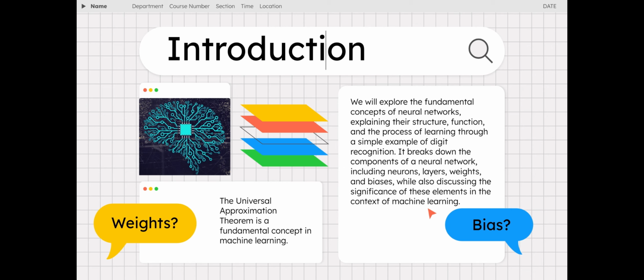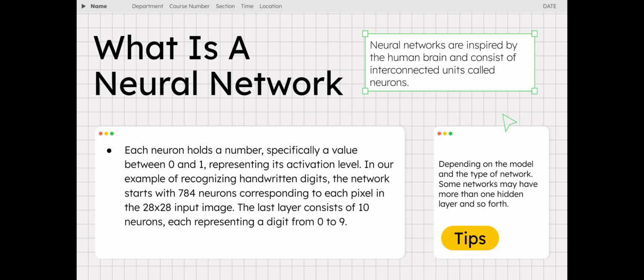What is a neural network? Neural networks are inspired by the human brain and consist of interconnected units called neurons. Each neuron holds a specific value between 0 and 1, which is represented by its activation level. The example is recognizing handwritten digits.